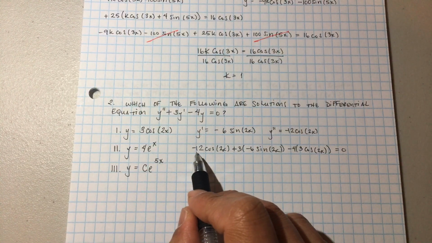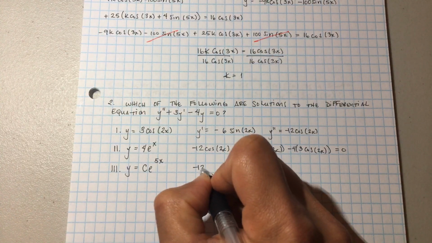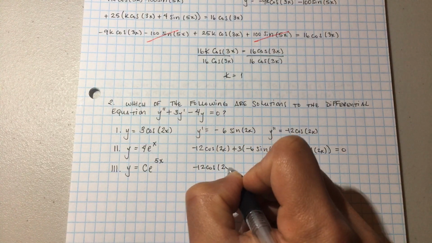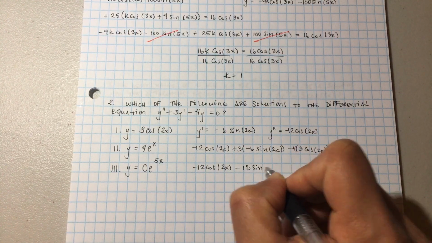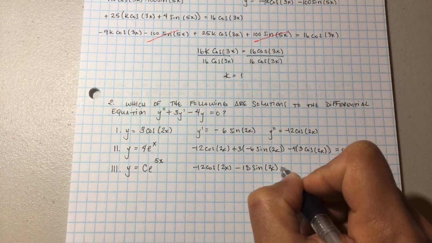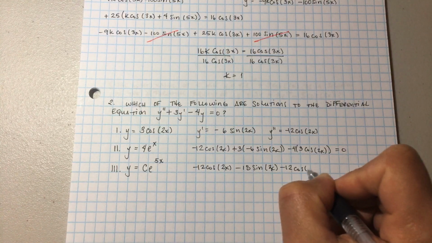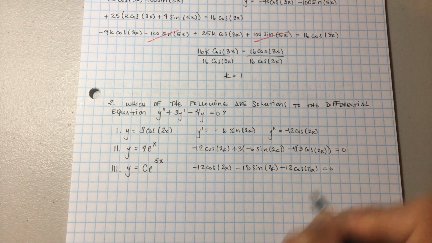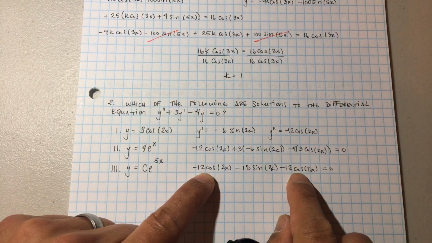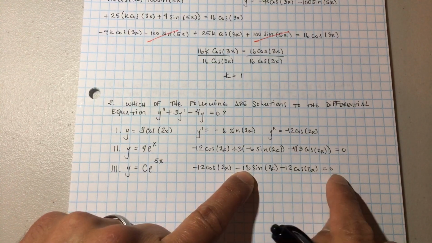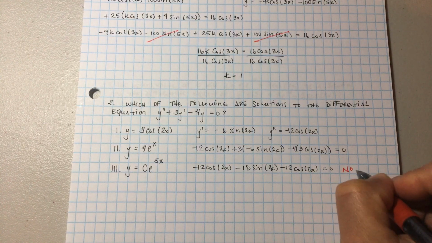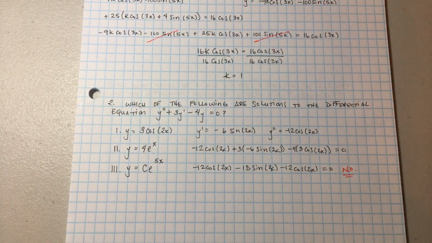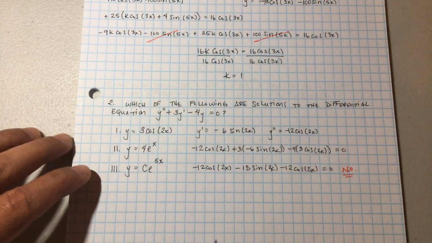This is just negative 12 cosine of 2x, and this is going to give me negative 18 sine of 2x, and this is going to give me negative 12 cosine of 2x. Is that going to equal 0? Well, this guy's going to cancel out, but this guy is not going to equal 0. Okay, so the answer is no. It's not a solution. All right, let's do this next one.